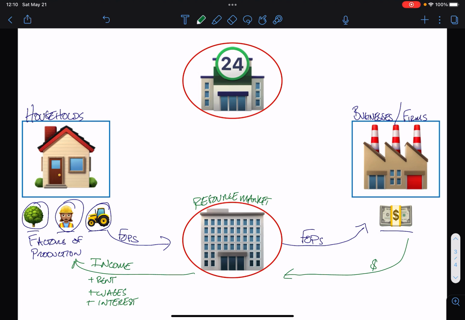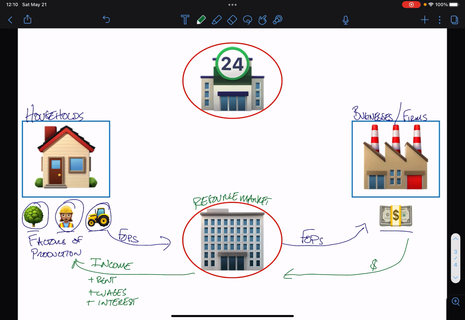Do households want money? You may want to say yes, of course, but they don't, not really. What households want are those things that money can be turned into. If you think back to your intro to psychology class, you might remember that these types of things are called secondary reinforcers.